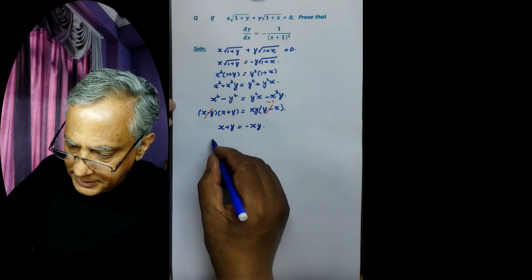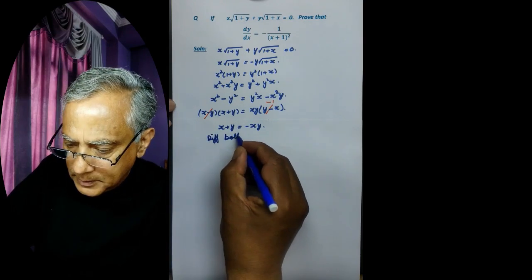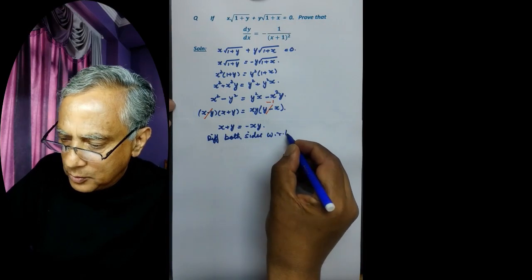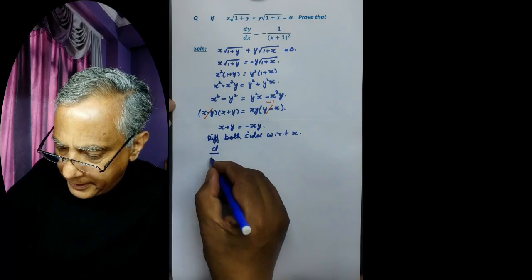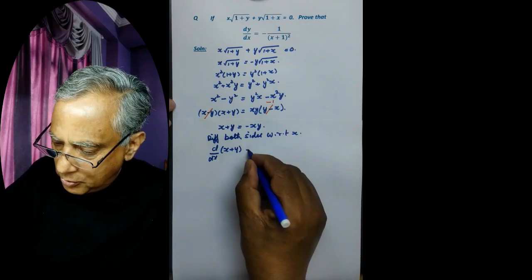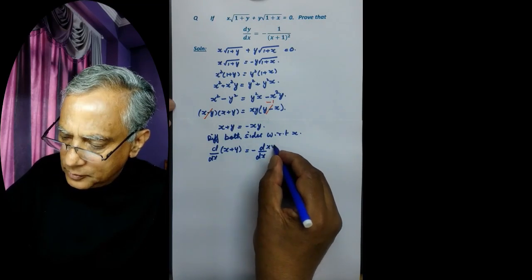So what we get is d by dx of x plus y is equal to minus d by dx of xy.